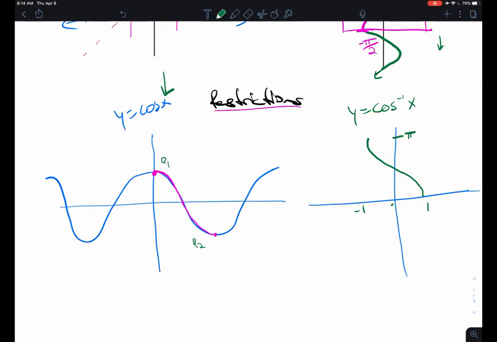What the inverse does is for x now, I'm plugging in the ratio. And what I'm going to get back, y, is the angle. So this is a ratio. And y is the angle for the inverse, right? It's doing the opposite for me.